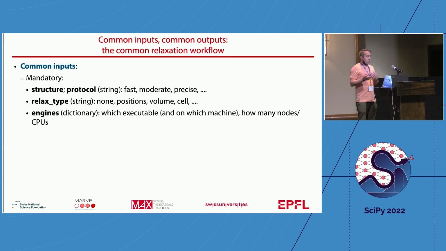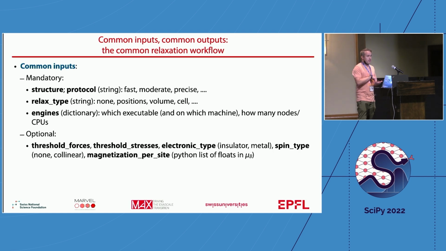We just need to define the crystal structure itself, of course, a protocol string, the type of relaxation you want to do, so whether you want to fix the atoms or the cell parameters, etc. And finally, you define the engine, so which simulation code you want to use, on which computer, the local computer or your HPC you want to run, with what CPU resources and wall time, etc.